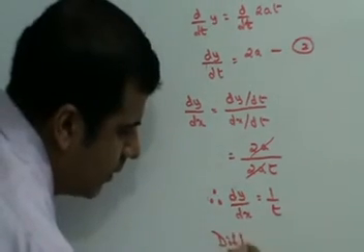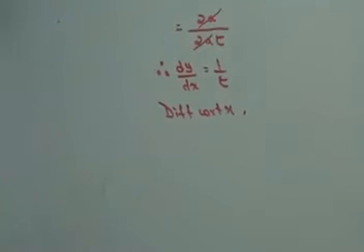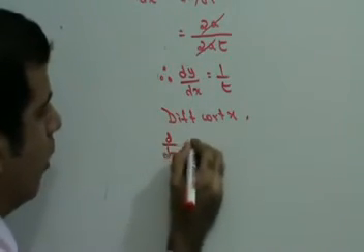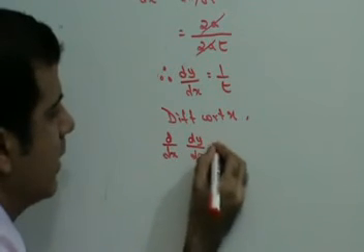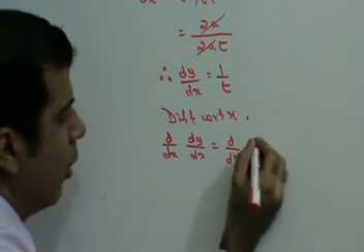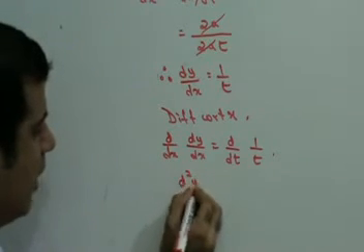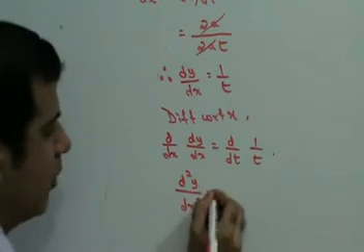Differentiate this again. Differentiate with respect to x. If I differentiate this again, I will get d by dx of dy by dx is d by dx of 1 upon t. This is nothing but d square y upon dx square.